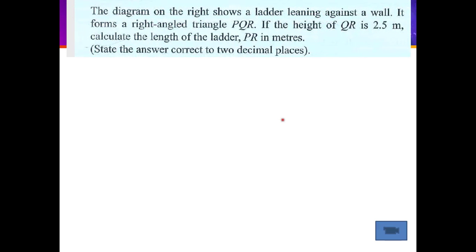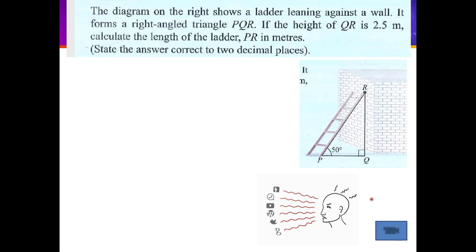Next, this is problem solving number 1. The diagram on the right shows a ladder leaning against a wall. It forms a right angle triangle PQR. If the height QR is 2.5 meters, calculate the length of the ladder, PR, in meters. State the answer correct to 2 decimal places. So this is problem solving.